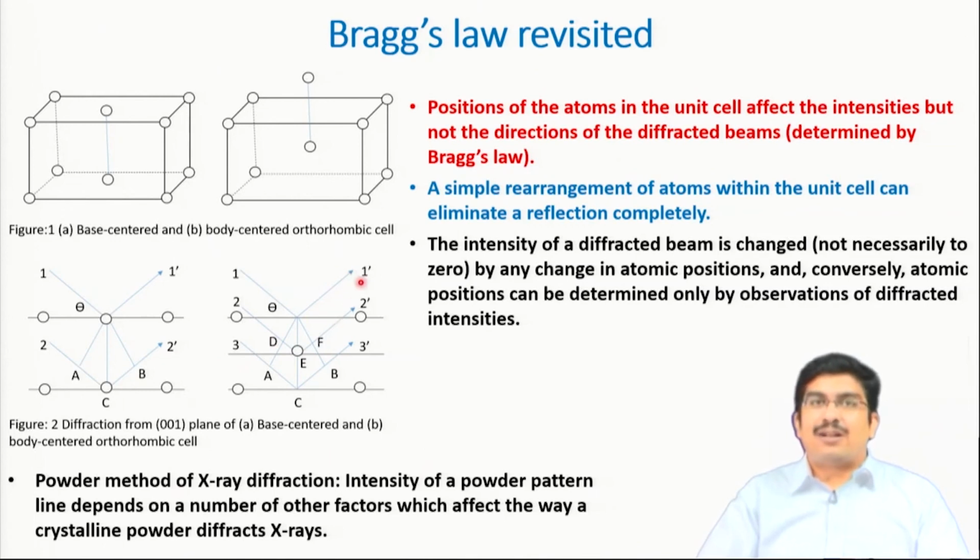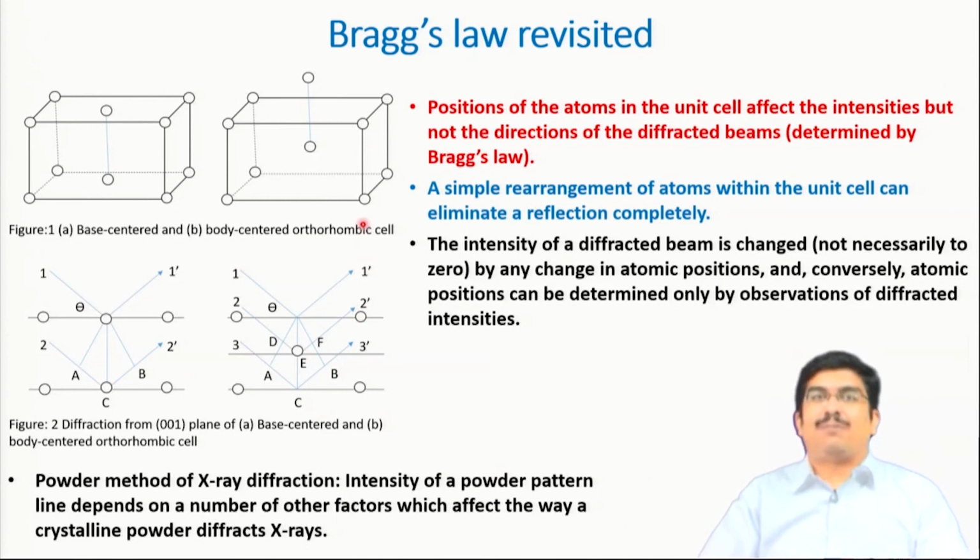So, I will not get any intensity if I consider only these two beams. They will undergo complete destructive interference. Similarly, there may be another atomic plane after this plane, and that will undergo destructive interference with the beam coming out of this atomic plane.